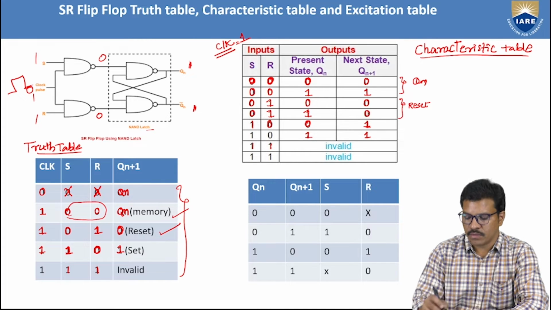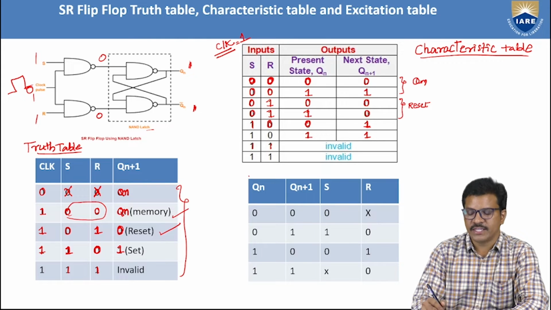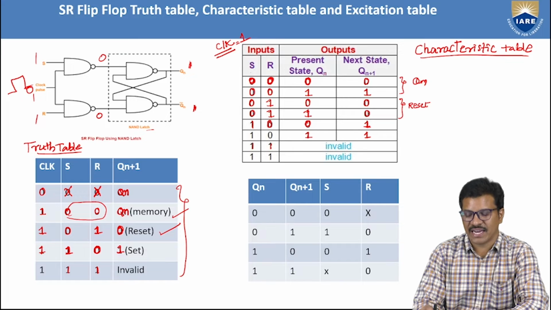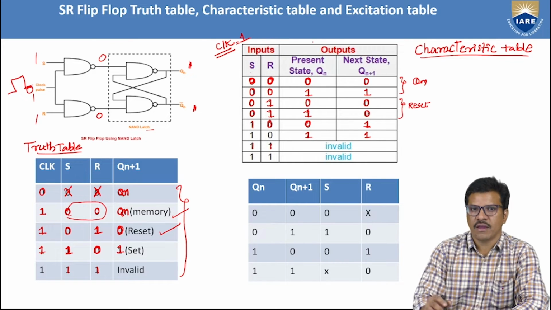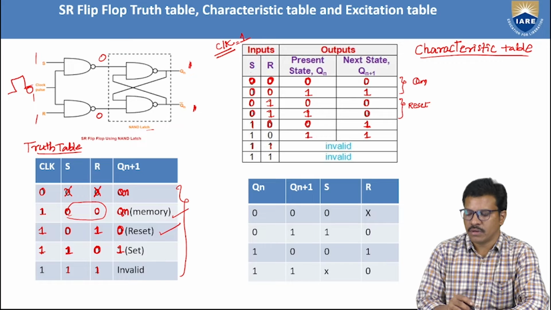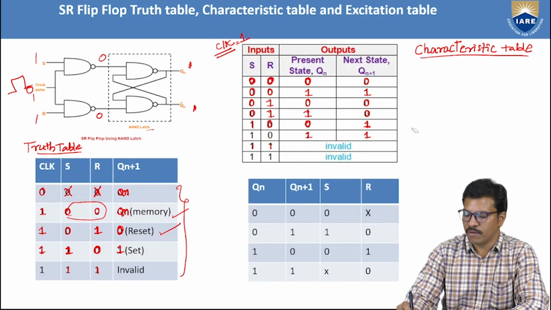When we observe the characteristic table, with all the combinations of S and R and present state to get the next state, we can easily get the characteristic equation from the K-map. So I'll explain for one, then we can imagine it for all the remaining flip-flops.